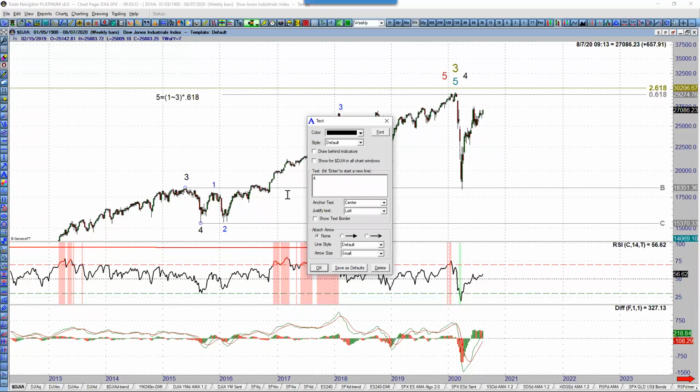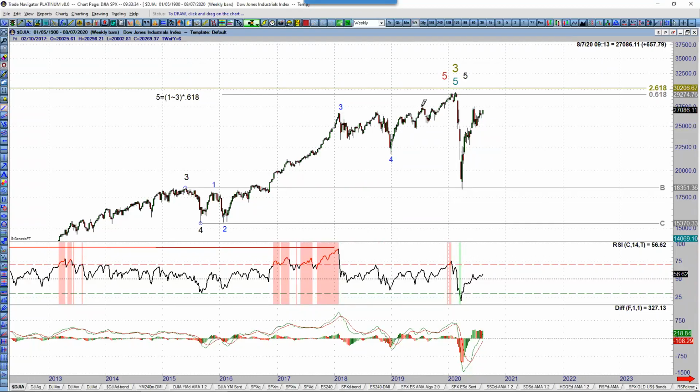It really looks like there was a triangle in here, and in Elliott Wave, a triangle cannot appear alone in a wave 2 position. So this kind of looks like an ABC, and that wouldn't be a suitable 5 wave structure into that high.